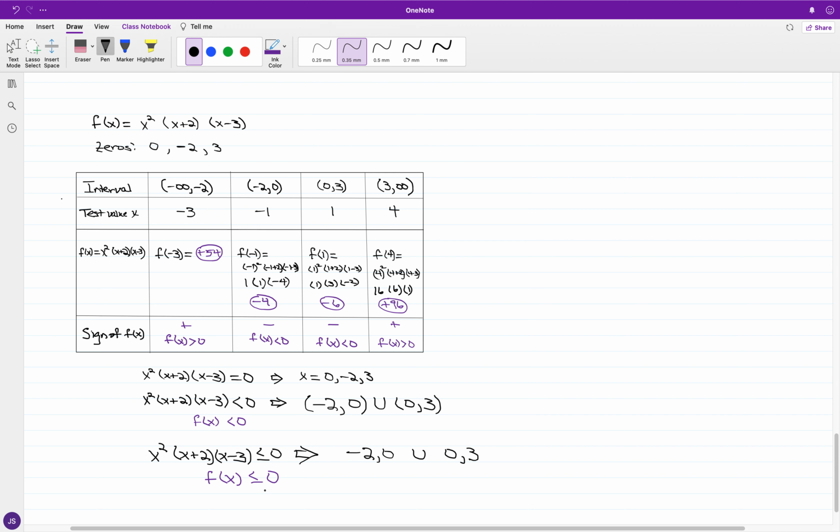And guess what? The negative 2, 0, and 3 create the equal to 0 parts.